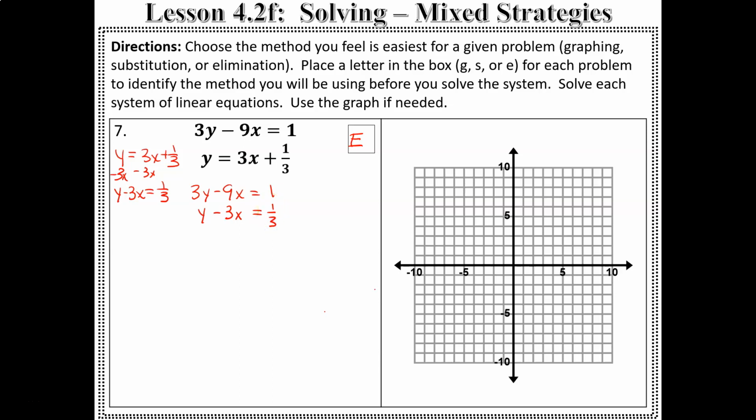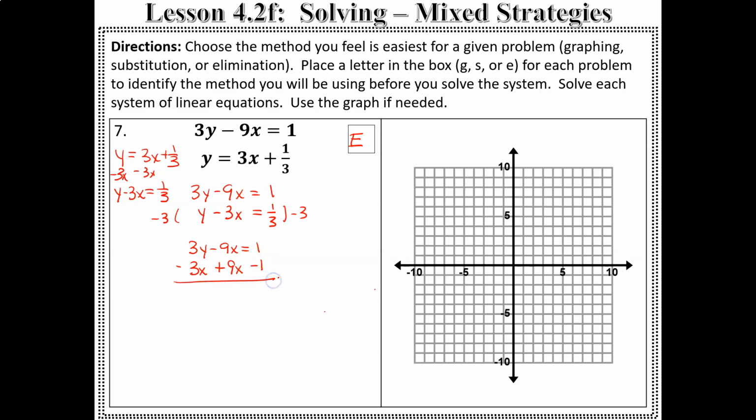So now we're going to multiply everything by -3. So these have opposite signs. So let me rewrite again. Top one stays the same. Now I have -3y plus 9x minus 1.